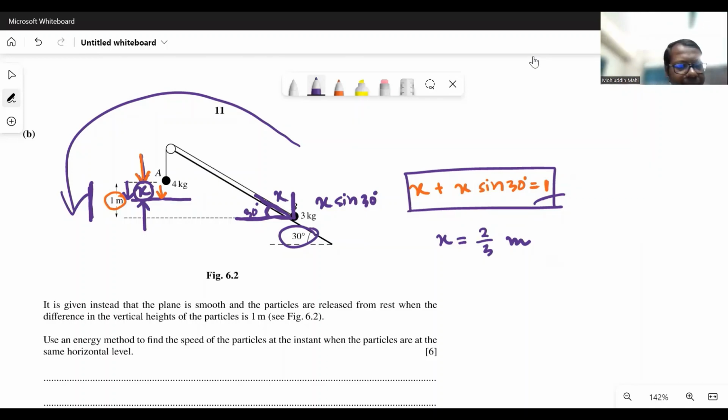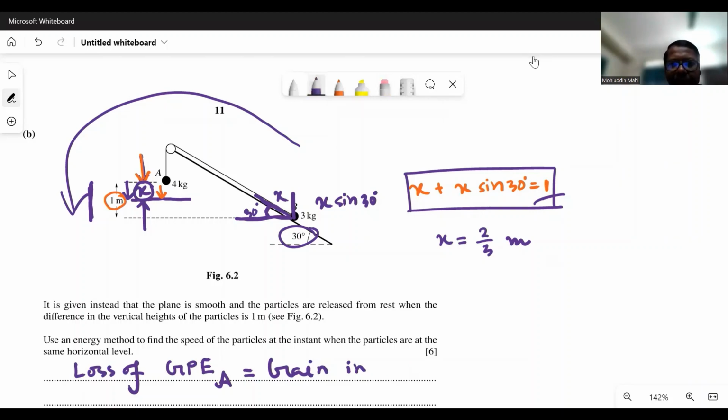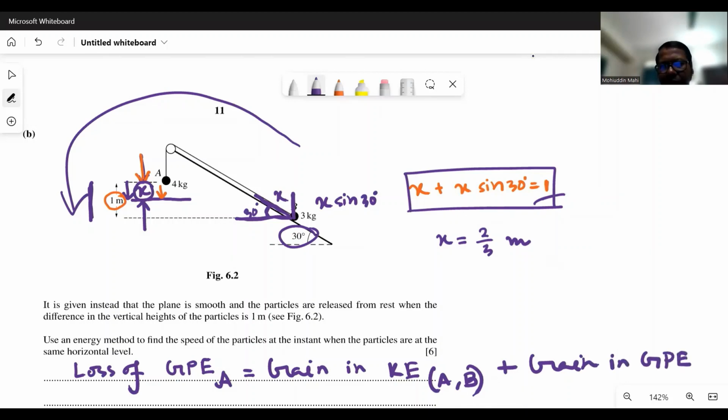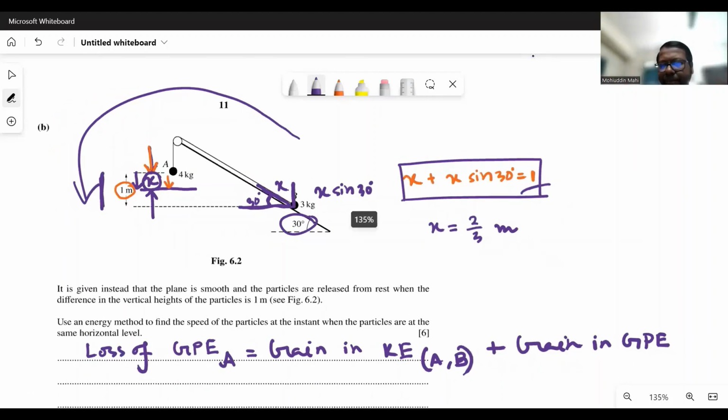So loss of GPE for A equals gain in kinetic energy for both A and B, and also gain in gravitational potential energy for B. So that will be the energy equation.